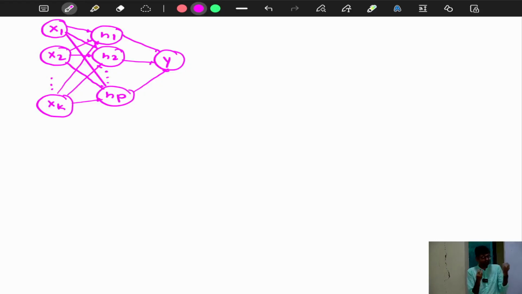Each of these circles you are seeing is one single neuron, and each of the arrows you are seeing shows the connections in the network. Although I did not specify, keep in mind that each edge will be associated with a weight, and each neuron except the first layer will have a bias of its own.